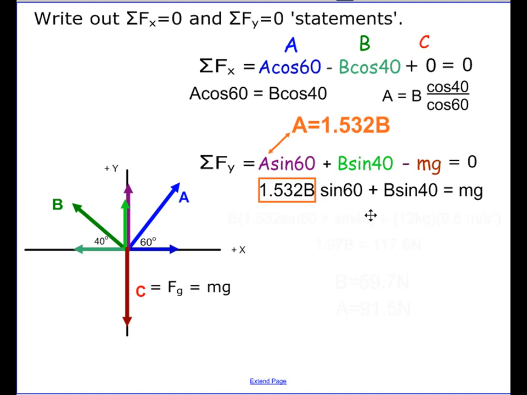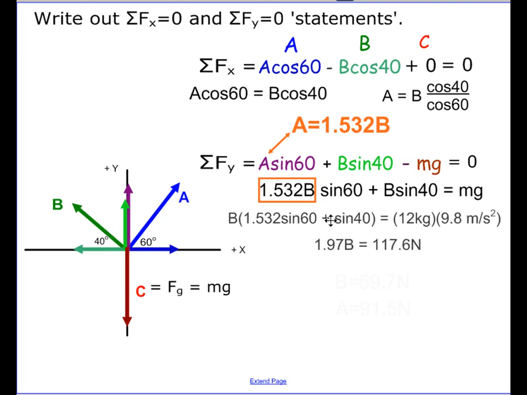So we're going to go ahead and solve for b now. That is the only variable in this equation. First step is to factor out that b, make things a little bit easier, and then calculate the terms inside the parentheses, as well as now is a good time to put the value for the weight, mass times gravity, in. And this is what we get.